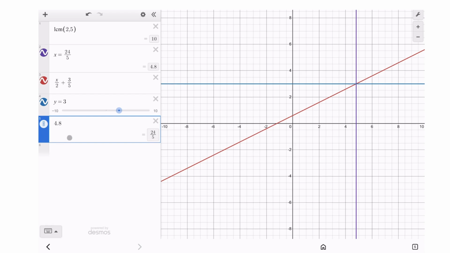So Desmos can tell you what a decimal is as a fraction, or what a fraction is as a decimal.